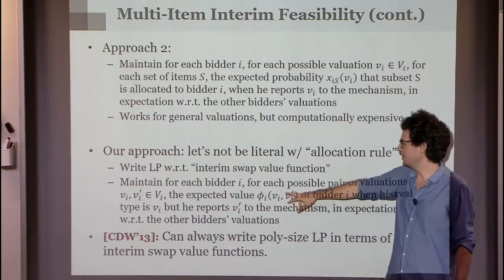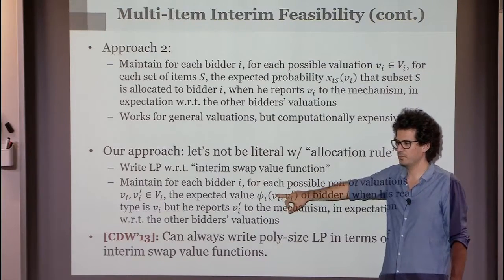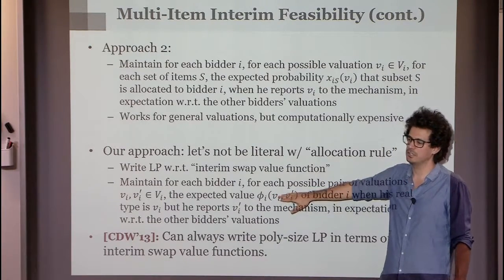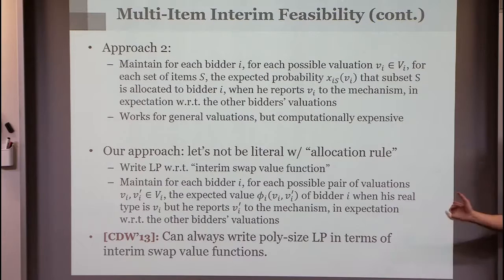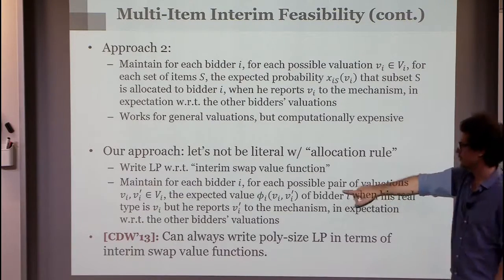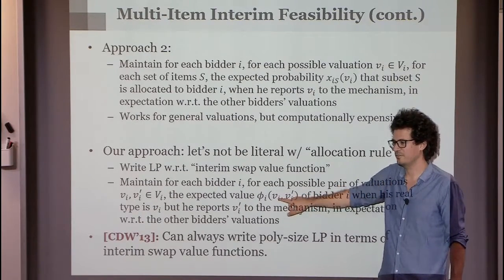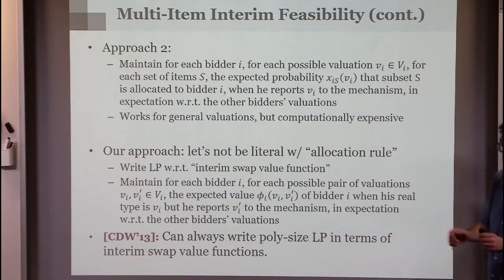You can write something like this to handle correlation. We have not really seen if you can use it to get mechanisms, but you can use this approach to handle correlation. But this shouldn't be with respect to yourself, but also other bidders, right? So there has to be something about other bidders in the interim rule.